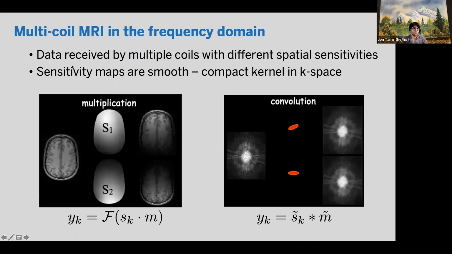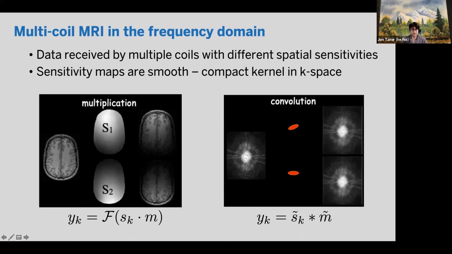Now, if we go back to our multi-coil MRI model and look at it in the frequency domain, we know that in the image domain, our unweighted image is multiplied by the sensitivity map of each channel. And then the data are Fourier transformed and sampled.